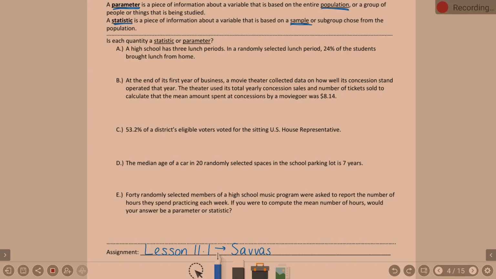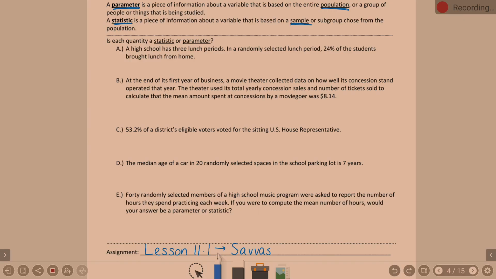So a statistic specifically refers to some sample, some subgroup. My memory technique here is the P's go together, the S's go together. A parameter describes a population. A statistic describes a sample.